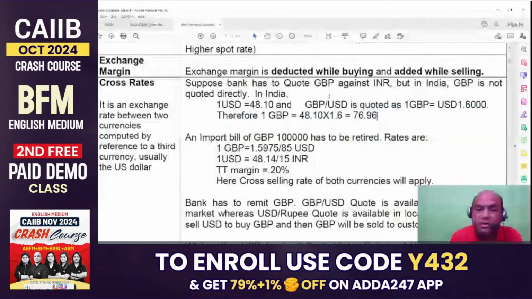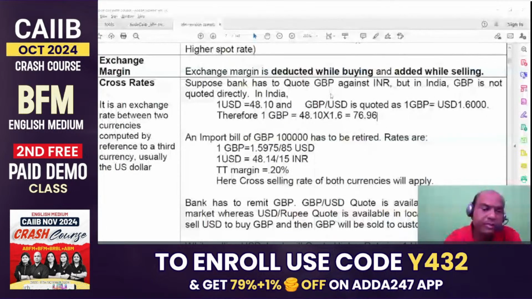So this is the way you'll have to do for cross currency. Kindly note. One more point: for JPY, you have to do a bit reverse thing, that I'll show you in the numericals.